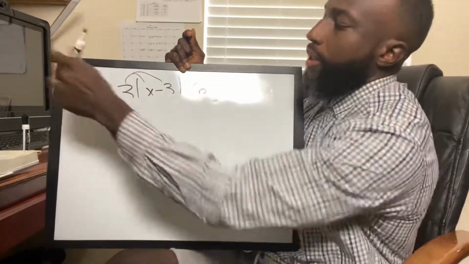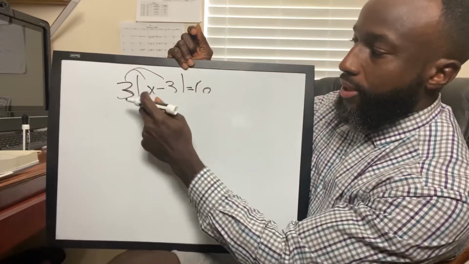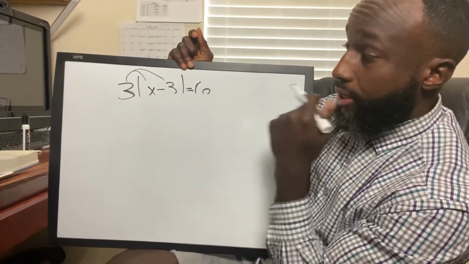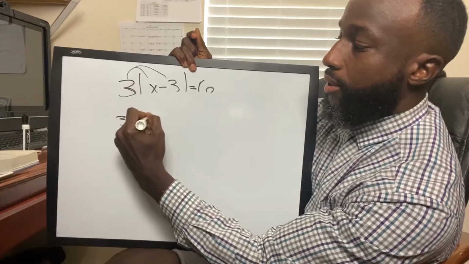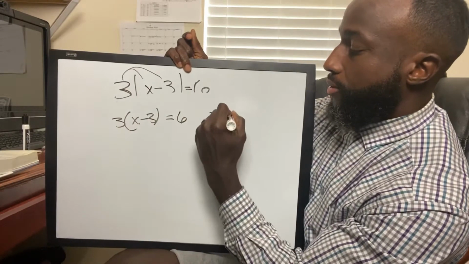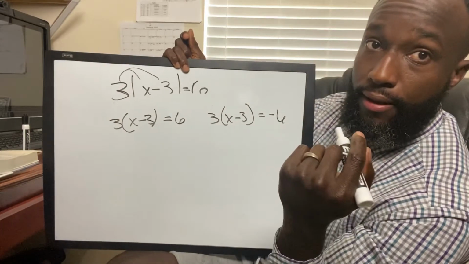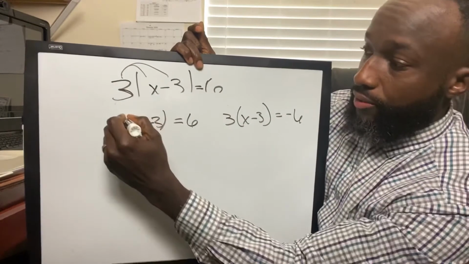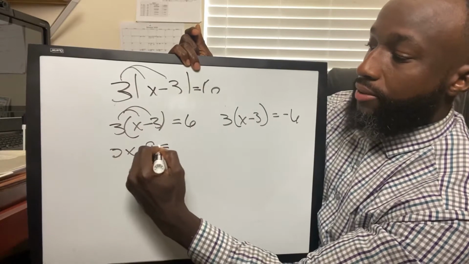So what if we keep this 3 on the outside, 3 times the absolute value of x minus 3 equals 6? We could look at it like this. 3 times the quantity x minus 3 equals positive 6, and 3 times the quantity x minus 3 equals negative 6. All right? From here, let's do the math. The first thing you want to do is distribute. So we're going to have 3x minus 9 equals 6.